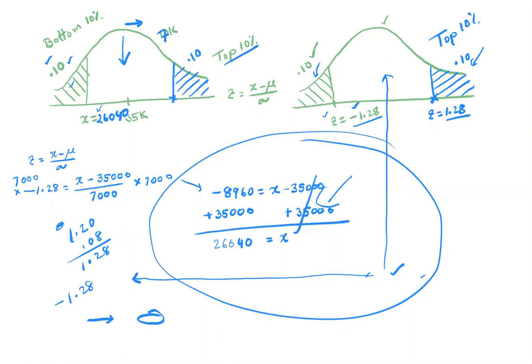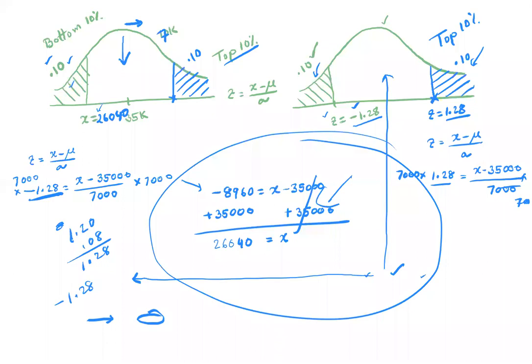Now, having said that, we could find the top 10%. z is equal to x minus mu over sigma. Z is 1.28 this time. The only difference is that before we used the negative value, here we use the positive value. X minus 35,000 divided by 7,000. Now I multiply both sides by 7,000.